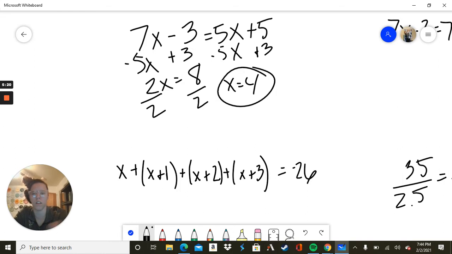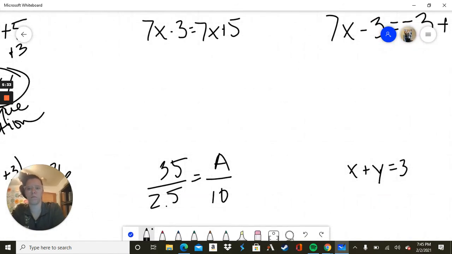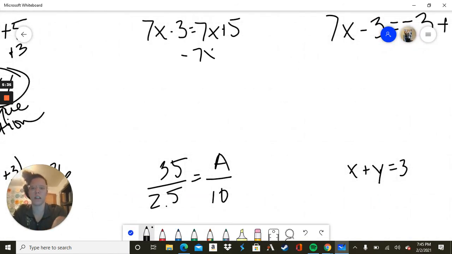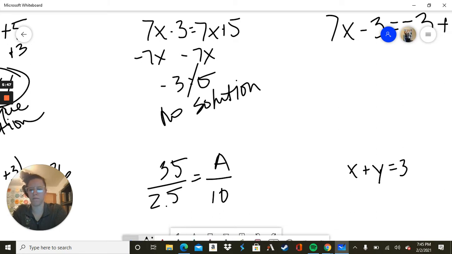So this has one unique solution. Okay. Next one. We're going to subtract 7x. We get negative 3 equals 5, which is not true. So this one has no solution. Okay.